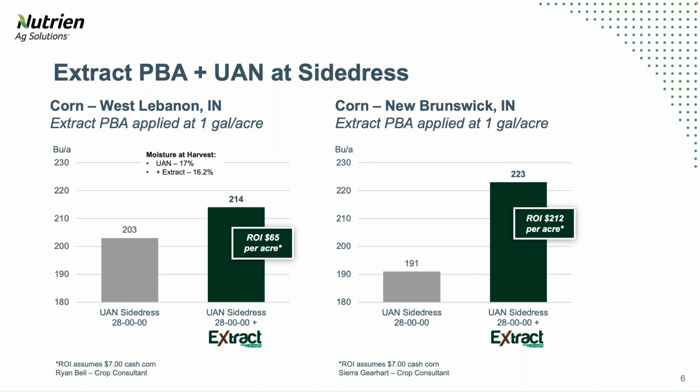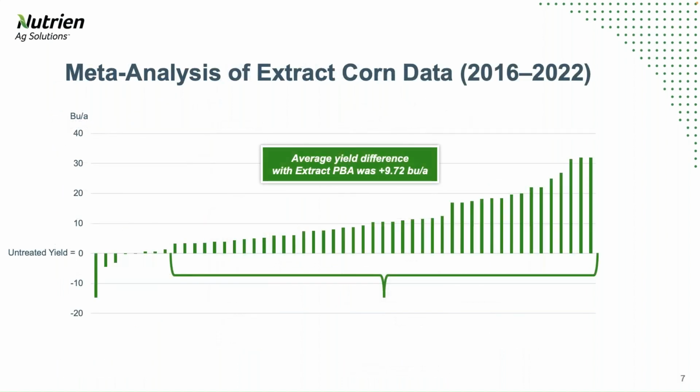New Brunswick, Indiana, we're looking at a huge increase, and we're showing you this just to show you the power of this technology, where same scenario, Extract versus no Extract with 28% double, and you've got a $212 per acre return on investment. Now, let's look at that from a more holistic standpoint across 51 data points around the country.